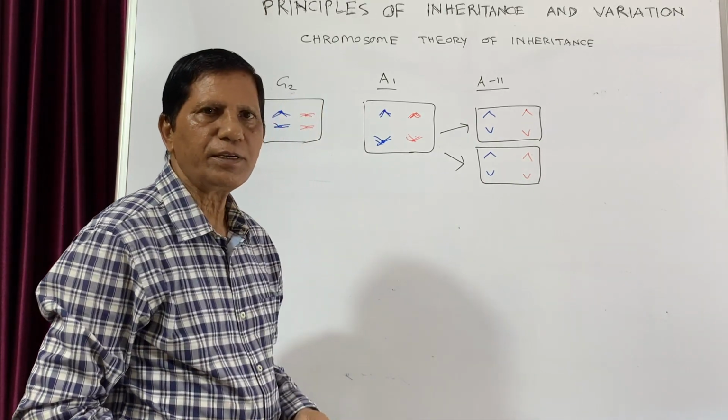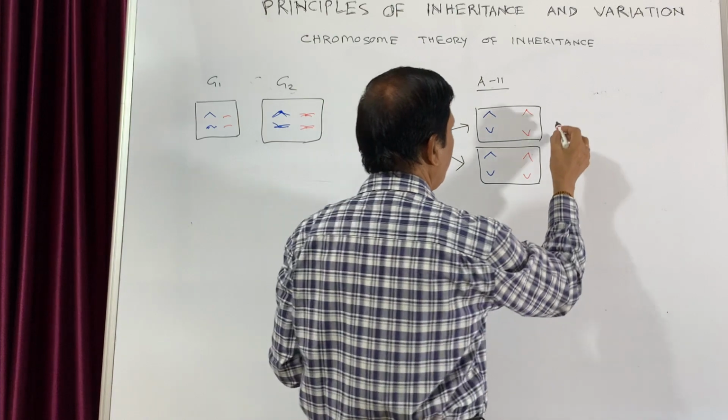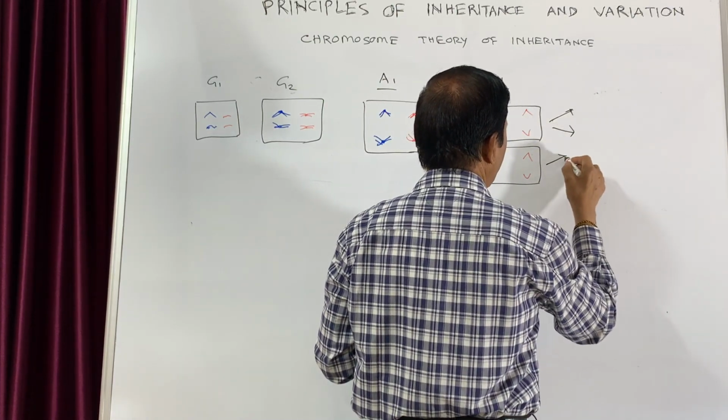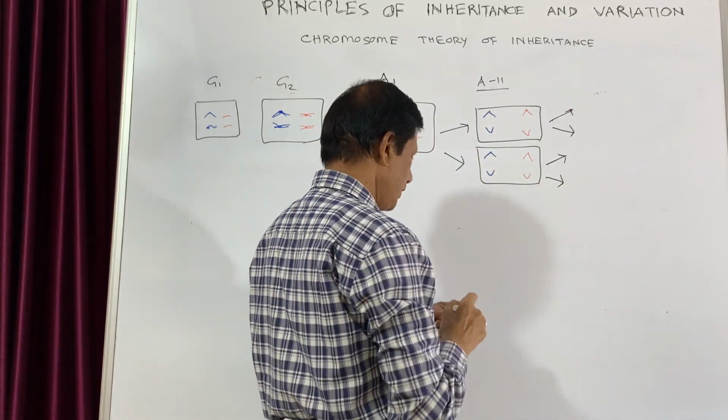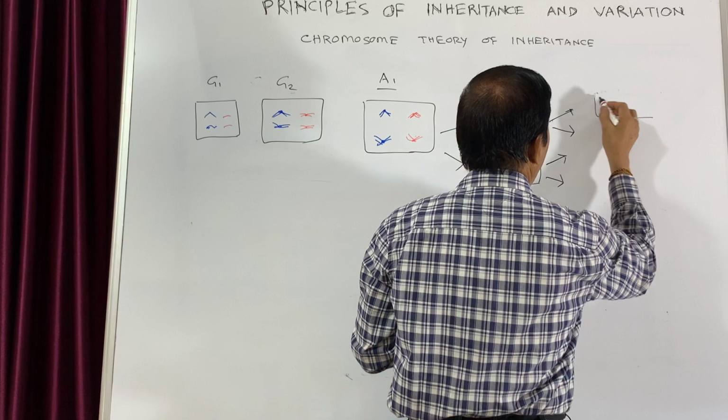Now the chromatids are separating. At the end of telophase 2, what will happen? This will give rise to two gametes, and this will also give rise to two gametes.